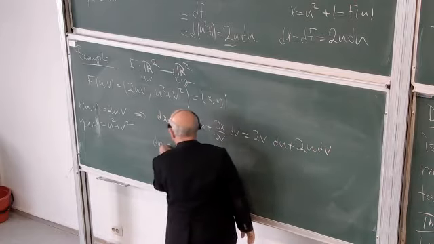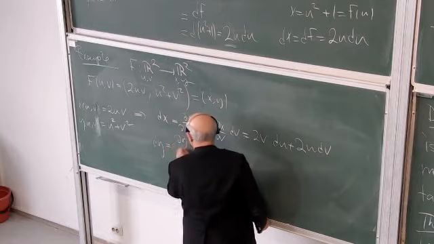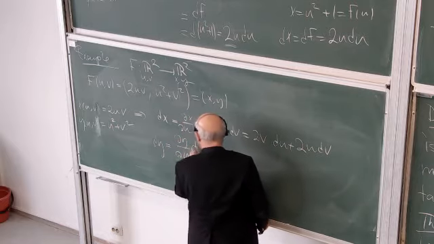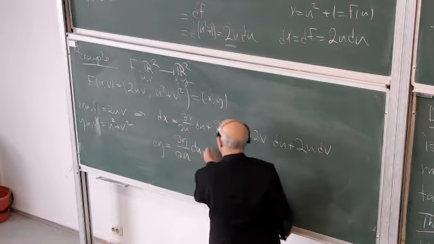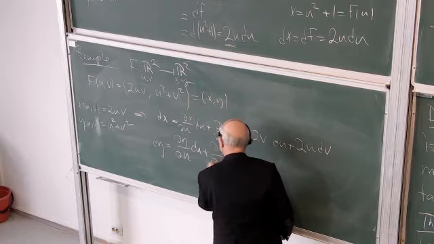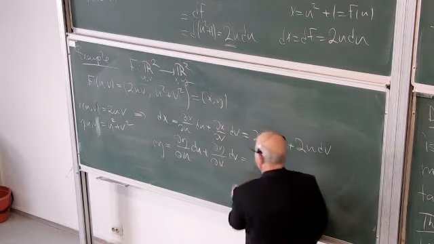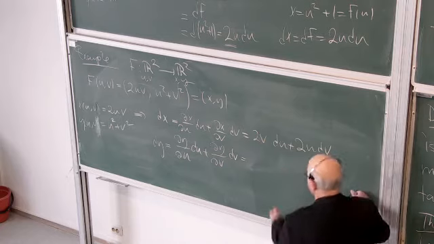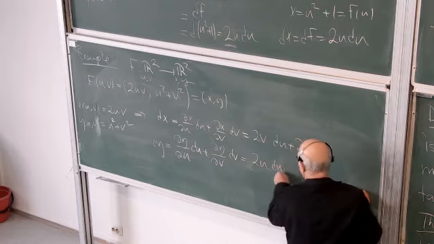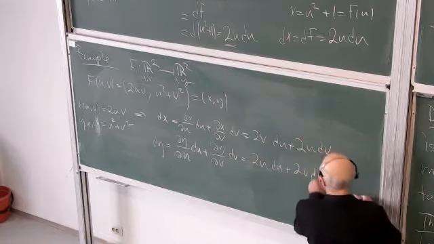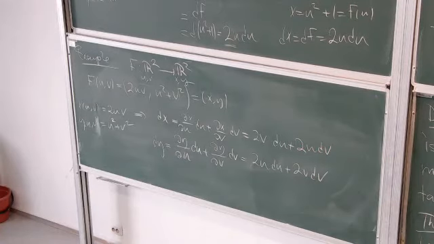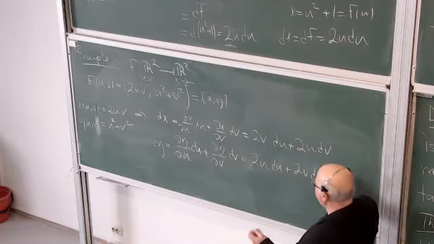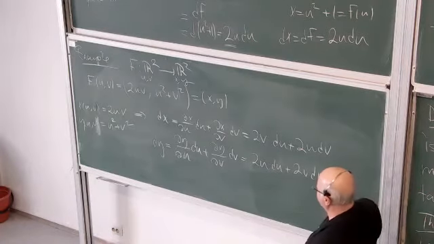What about dy? So this is del y del u du plus del y del v dv. So this time it is 2u du plus 2v dv. Okay, so these are the pullbacks of the one forms.